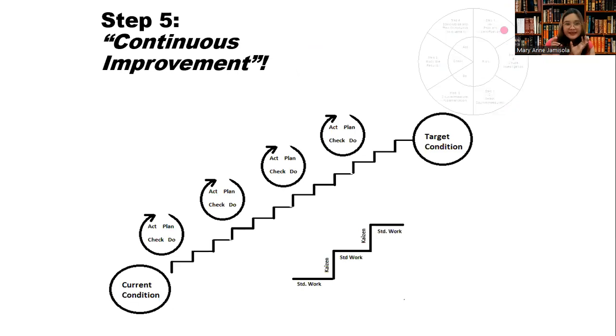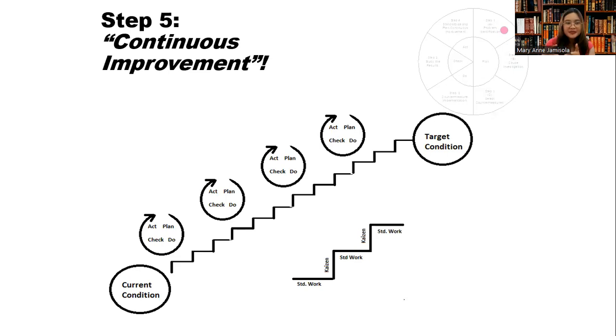So there is a hidden step 5, and step 5 is actually continuous improvement. So sounds familiar? Where did we hear these words? Continuous improvement. This is actually under TQM, right? TQM, continuous improvement, total quality management.